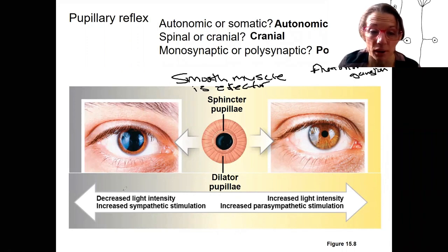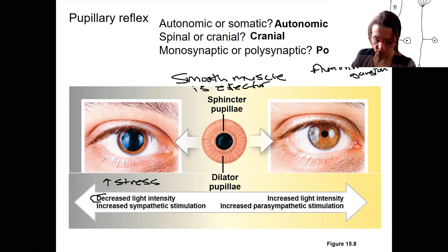This can also happen with increased stress, with the fight or flight response. But decreased light intensity is the main stimulus for this. It's dark. Your pupils need to get bigger to let in enough light to be able to see.